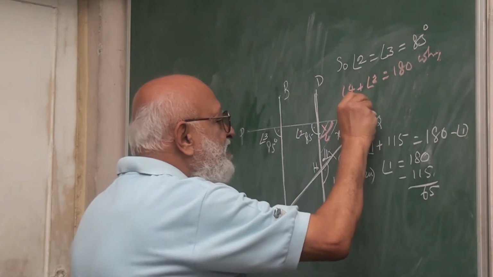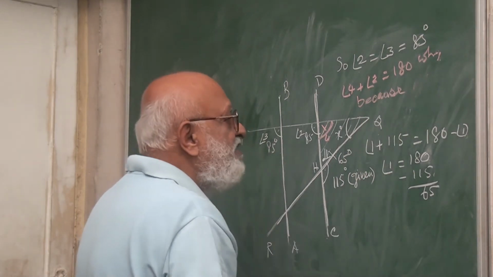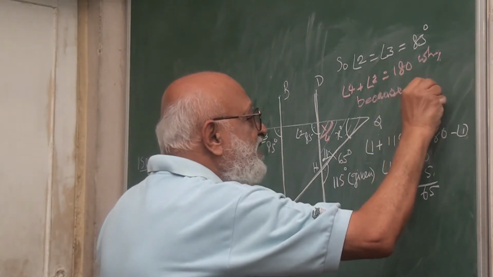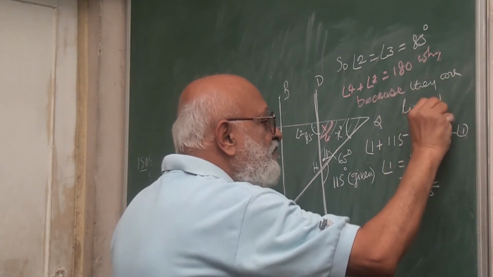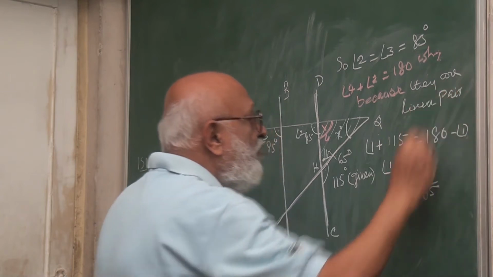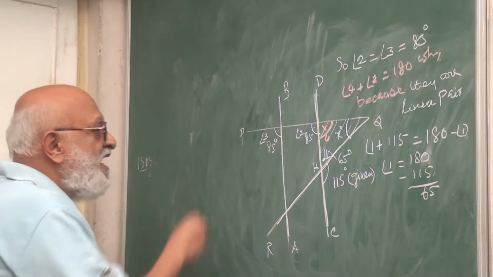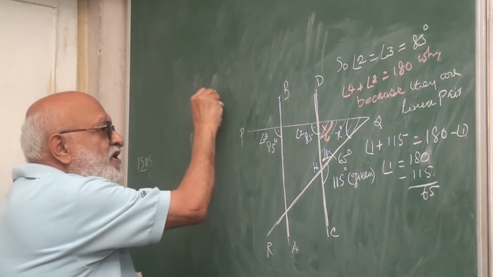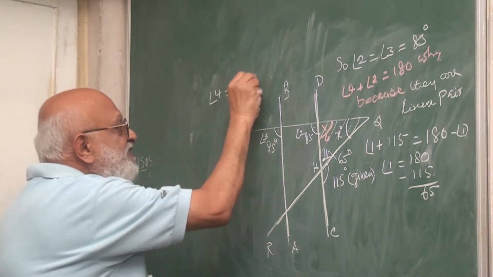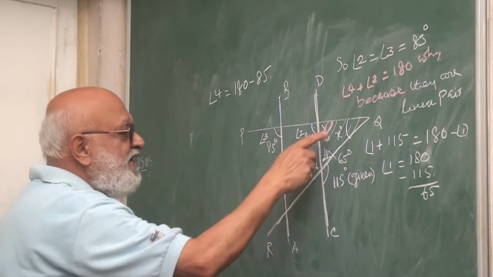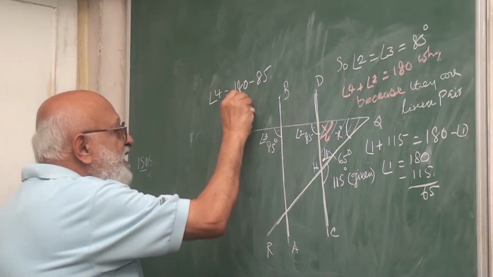Because they are linear pairs. Okay? So what would be angle number 4? Angle number 4 would be equal to 180 minus 85. This is 85, so minus 85, that will be 95.